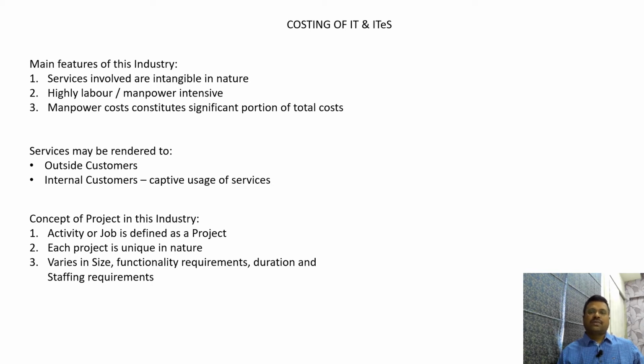The terminology generally used in this industry is project. They identify various activities or jobs and call each activity or job a project, and they monitor this project to meet the client's requirement within a target time.